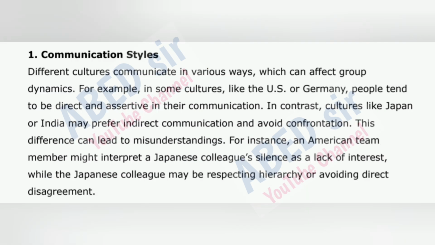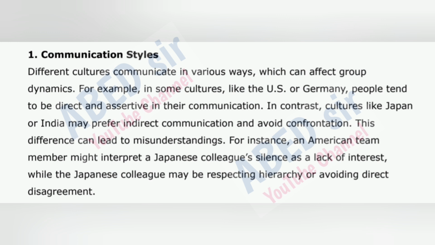1. Communication styles. Different cultures communicate in various ways, which can affect group dynamics. For example, in some cultures, like the US or Germany, people tend to be direct and assertive in their communication. In contrast, cultures like Japan or India may prefer indirect communication and avoid confrontation.